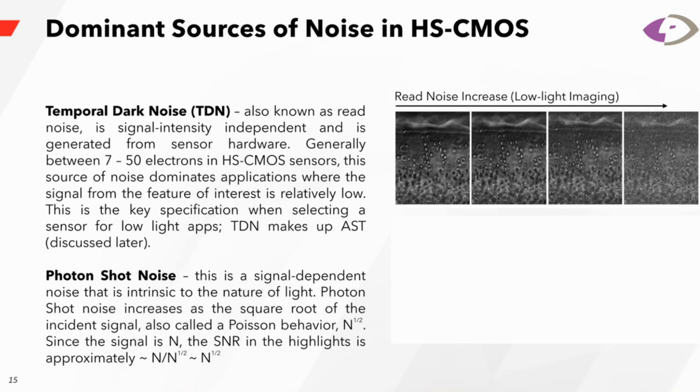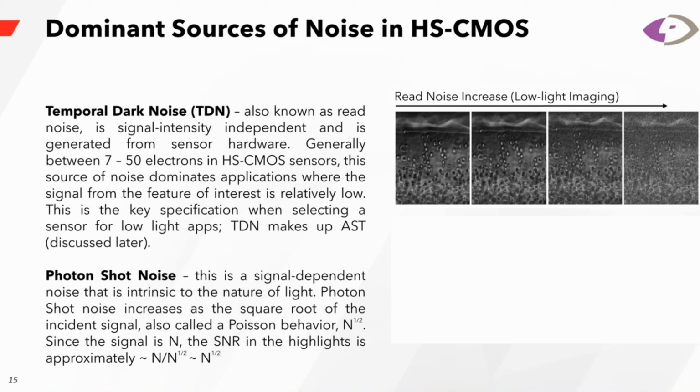Photon shot noise is a signal dependent noise source, and it's actually intrinsic to the nature of light. So there's nothing in hardware that we can actually do about this in our CMOS sensors. The photon shot noise actually increases as the square root of this incident signal. This is also called a Poisson behavior.